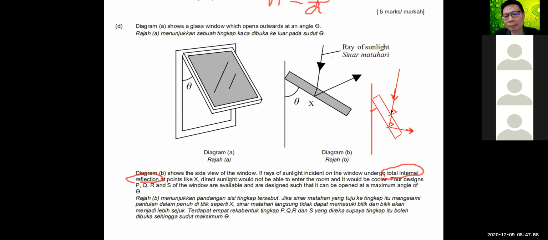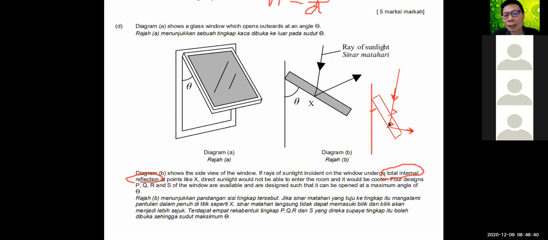This is the angle of incidence. The light goes inside the glass and bends a little bit. You can see that this angle of incidence becomes bigger than the original one. When you reduce the angle theta, the angle of incidence becomes larger. Larger is actually better because it is easier for total internal reflection to happen. The condition for total internal reflection is that this angle must be larger than the critical angle.